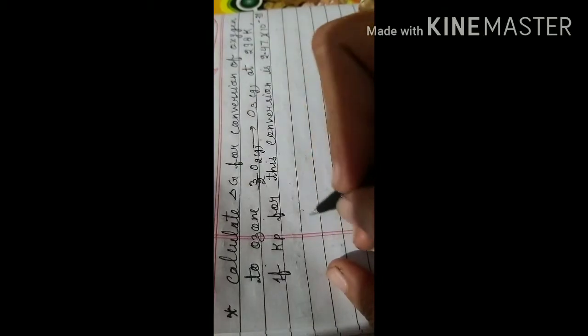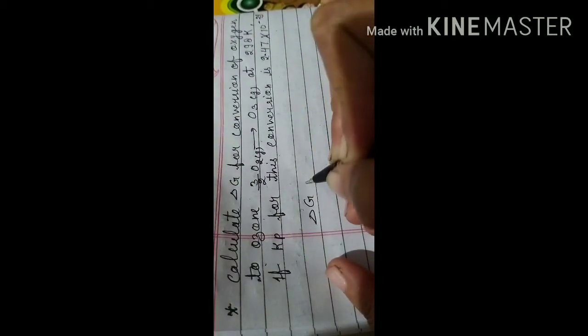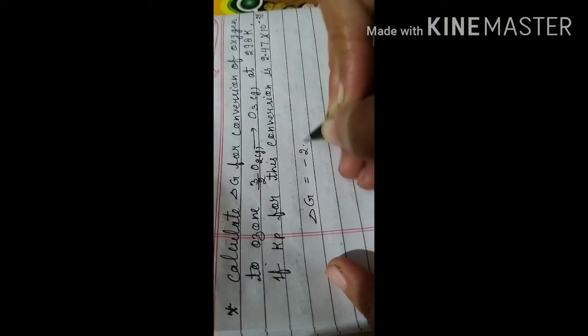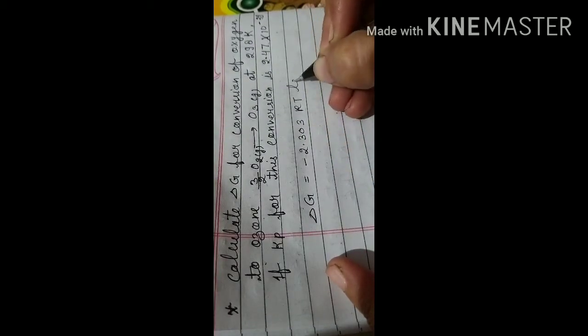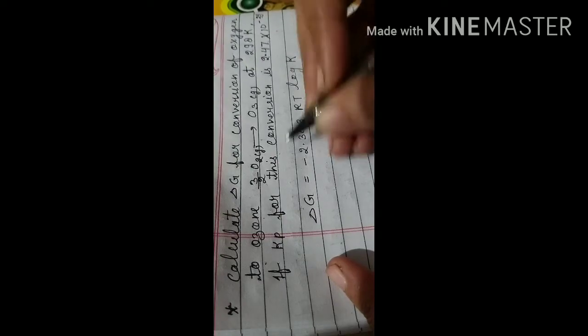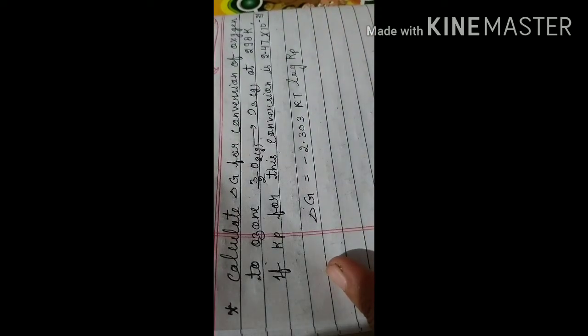Here you can use the equation delta G equals negative 2.303 RT log Kp.